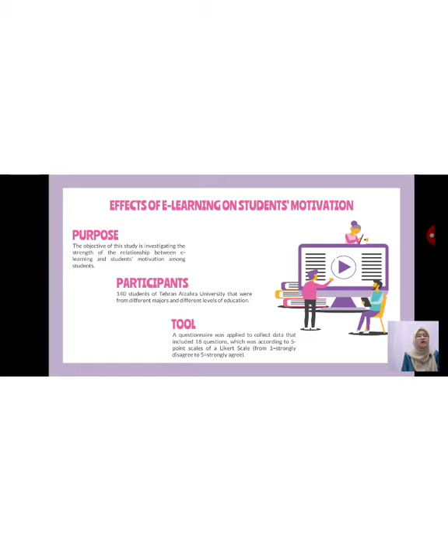This study involved 140 students of Tehran Al-Zahra University from different majors and different levels of education. A questionnaire was used to collect data that included 18 questions, according to a 5-point Likert scale from 1 strongly disagree to 5 strongly agree.